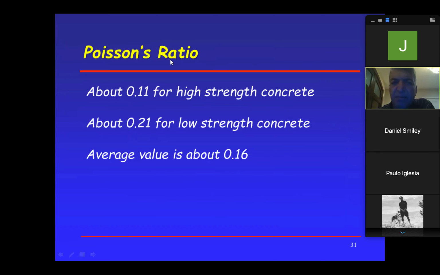How do we measure that? By Poisson's ratio. Poisson's ratio is about 0.11 for high strength concrete, 0.21 for low strength. For average value is about 0.16. Okay, so this is what Poisson's ratio is all about. We're going to see that a little bit further down, but not a lot. But you will see where it plays a role.